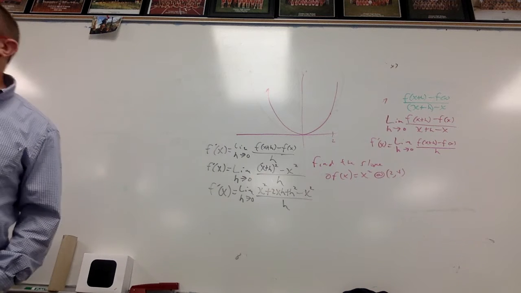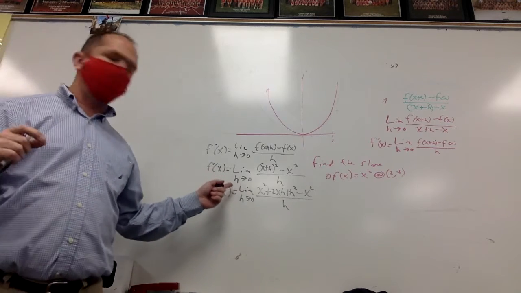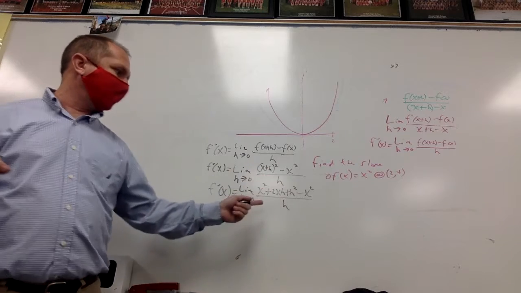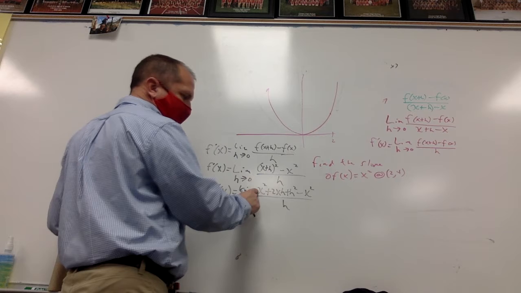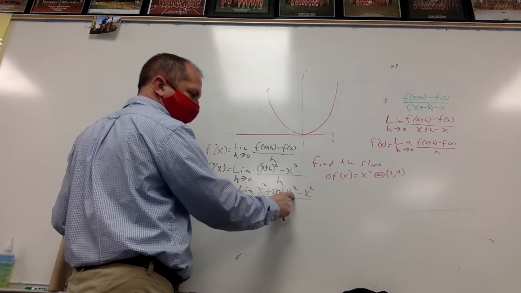Now, at any time up until now, if I plug 0 in for h, because remember, that's what we do in limits, right? We plug in the number. If I plug 0 in for h anywhere up in here, think about what you would get right here on this step. You would have x squared, 2x times 0 would be 0, and this would be 0.